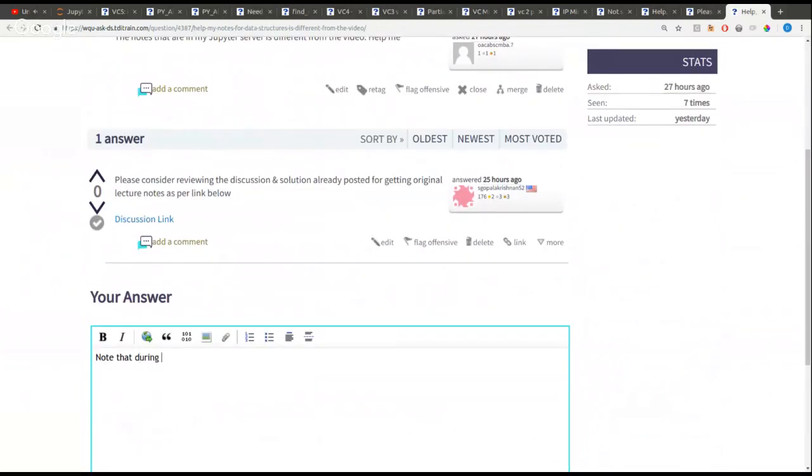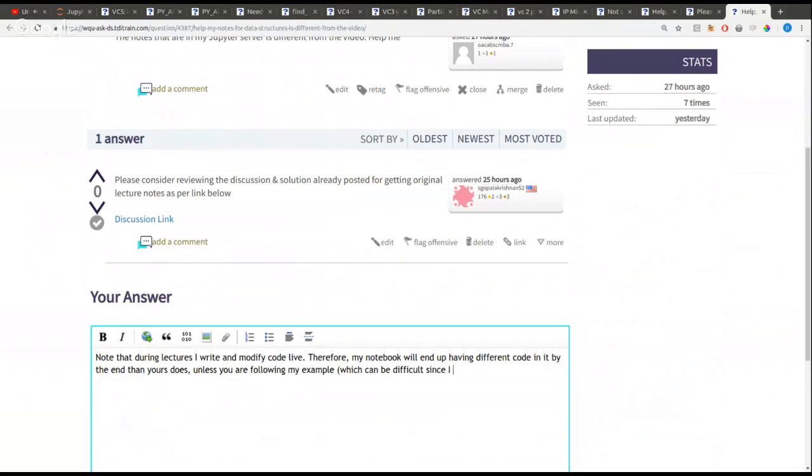So during lectures, I write and modify code live. Therefore, my notebook will end up having different code in it by the end than yours does, unless you are following my example, which can be difficult since I sometimes move rather fast.